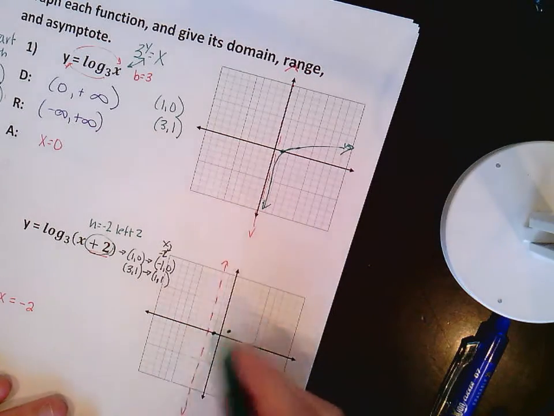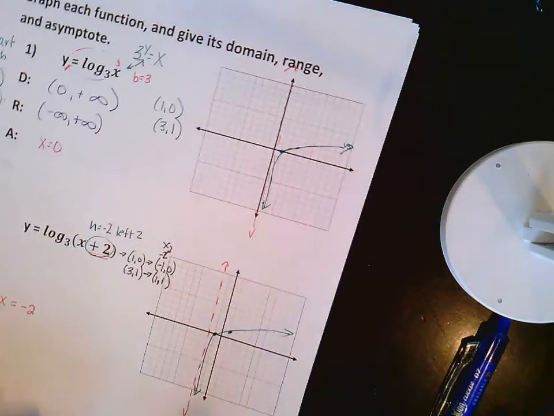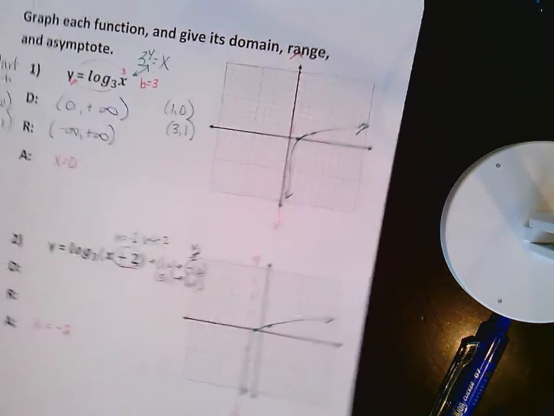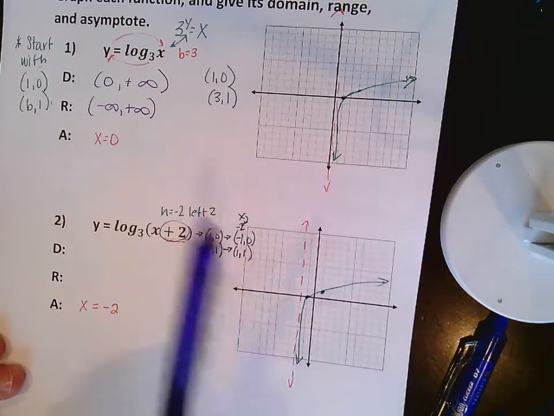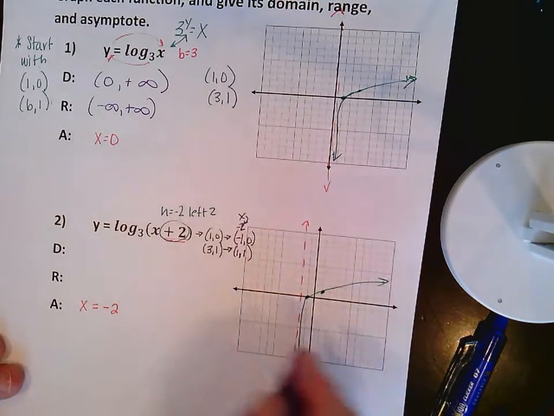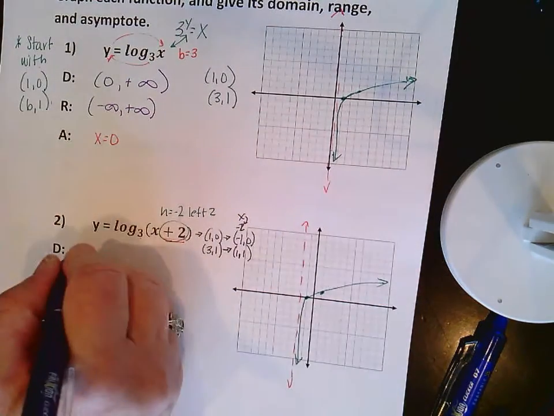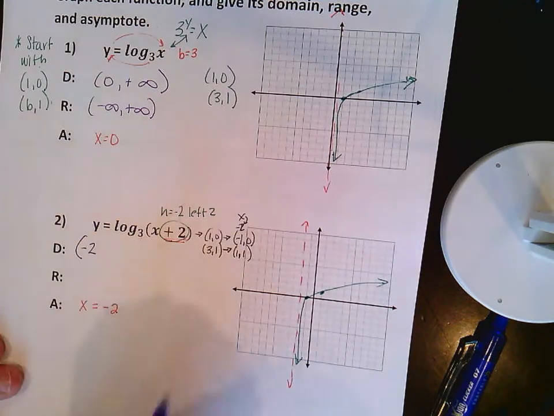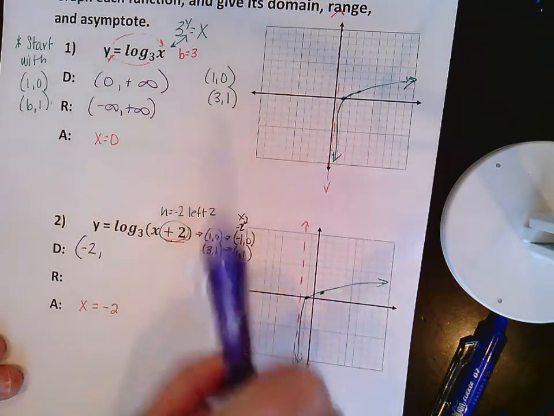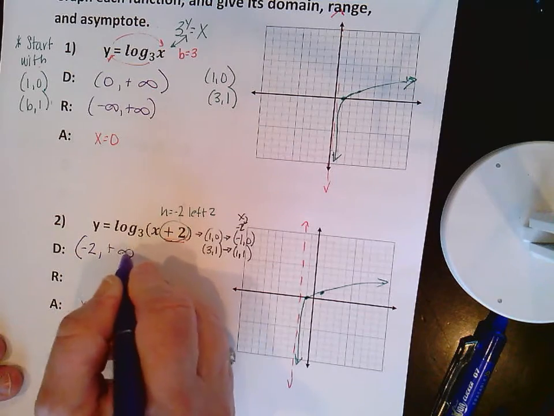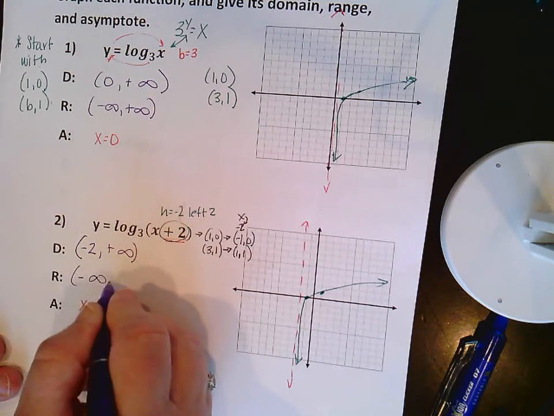These are my 2 points, which means it's coming up and out this way and down towards my asymptote. My domain, going from left to right, is based on my asymptote, so I don't have any values until negative 2. It's a parentheses because it's not including the negative 2, and then I have values all the way out to positive infinity, and my range is going to be negative to positive infinity.